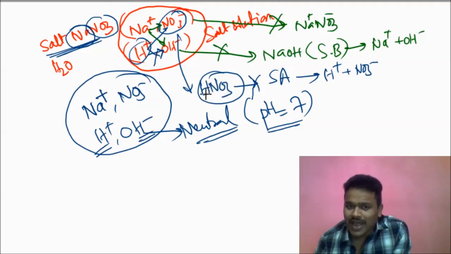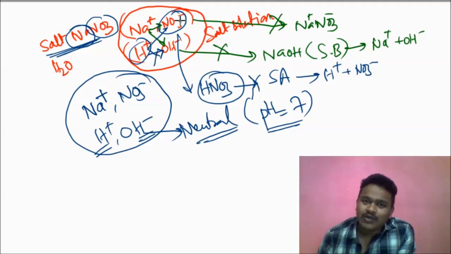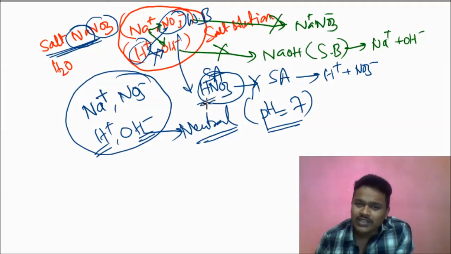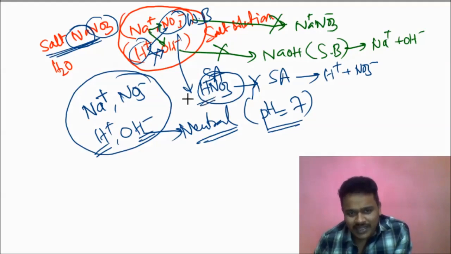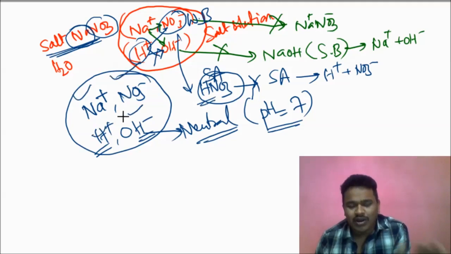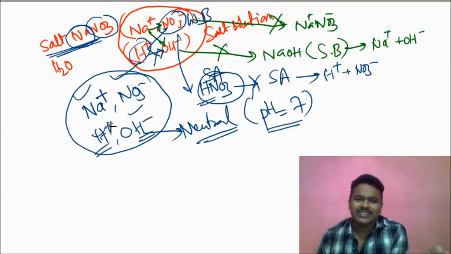Its conjugate base NO3 minus is a weak base. A weak base cannot combine with H plus. That is why there is no HNO3 product. Whatever ions are available will remain as they are.